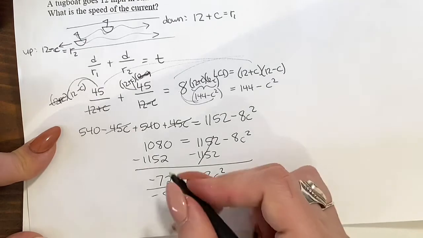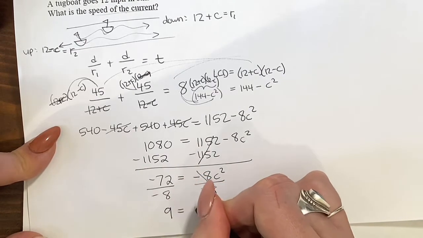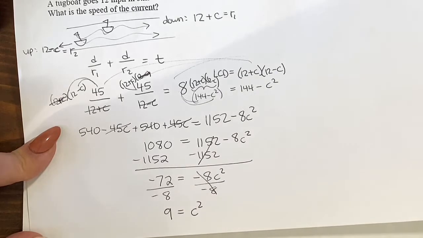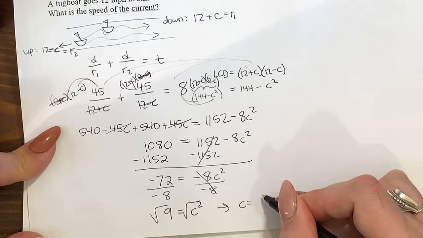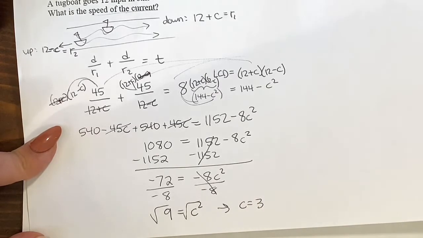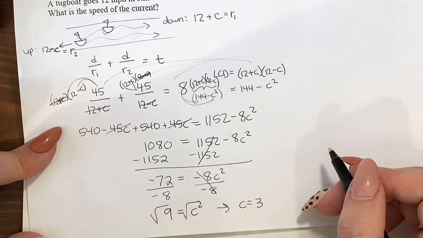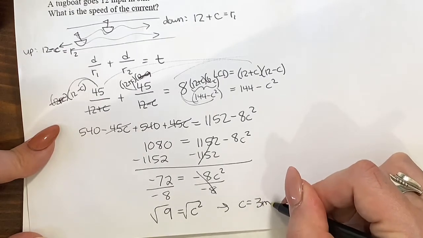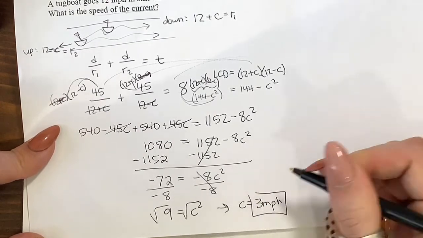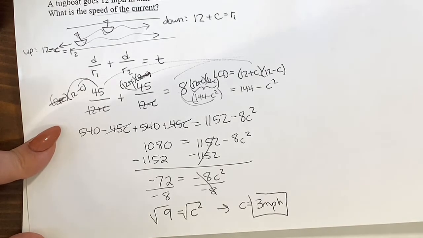So negative 72 divided by negative 8 is a positive 9. And then c squared, to get rid of the square, we take the square root. And so we get c equals plus or minus 3. So you can think of your current as being 3 miles per hour. So that's how fast the river or the stream is going.